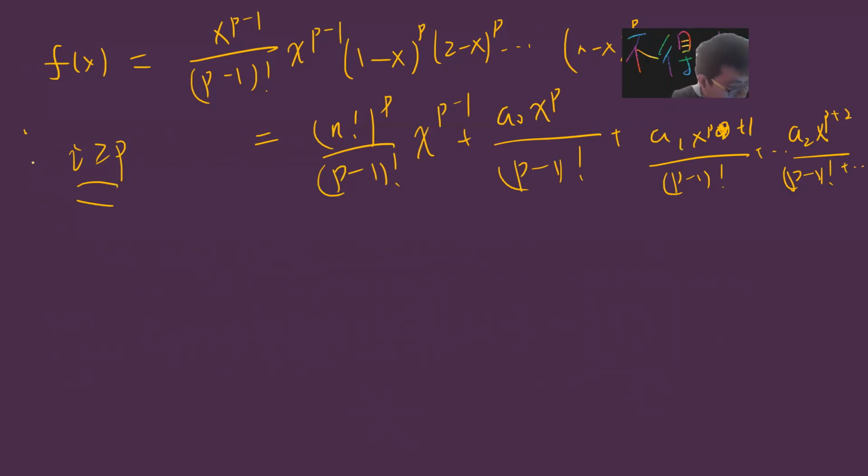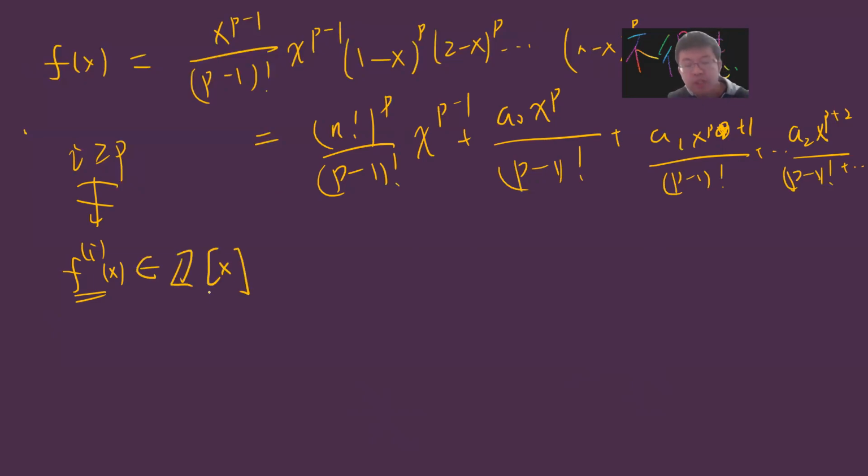So if i is greater than or equal to p, then f to the i of x is a polynomial. Since you do the differentiation more than p times, every p minus 1 factorial will cancel. So f to the i of x will be some integer polynomial, and each coefficient is divisible by p, because p minus 1 factorial cancels all this.